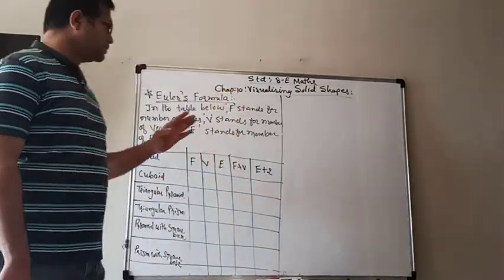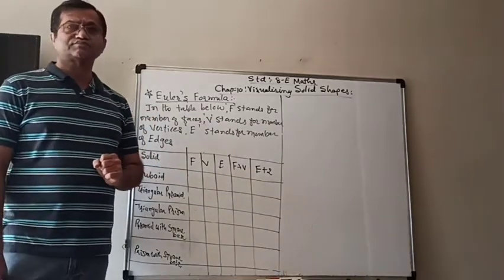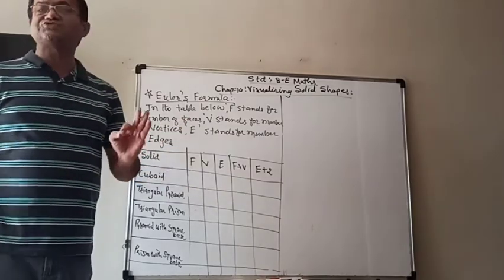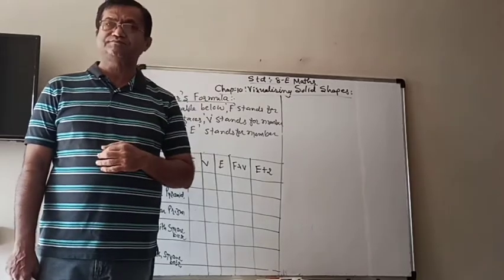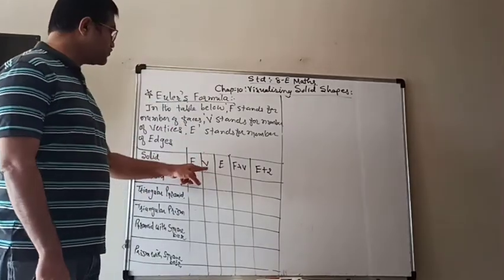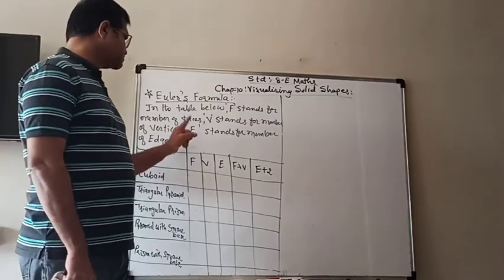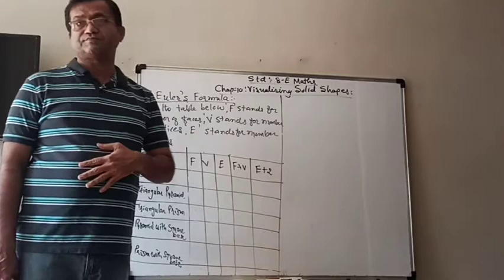So here I made a table. In the table, F stands for the number of faces of the polyhedron, V stands for the number of vertices, and E stands for the number of edges.